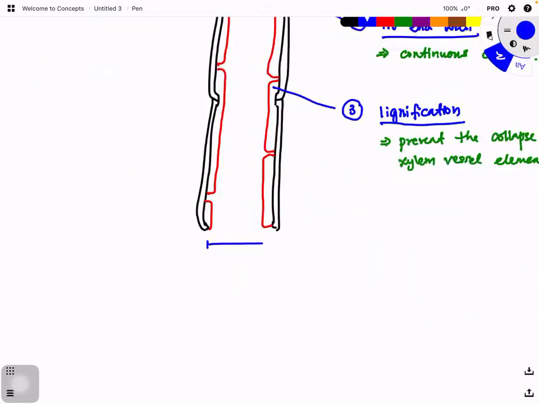And number 5, diameter. Now this value you have to remember: the diameter is between 0.01 millimeter to 0.2 millimeter.